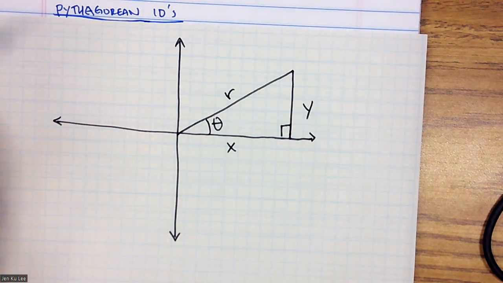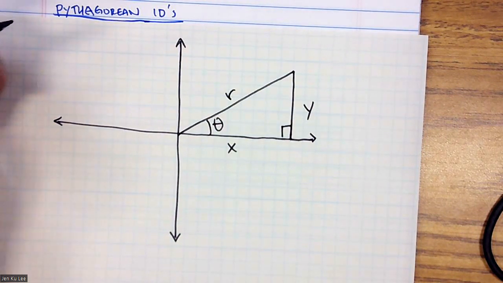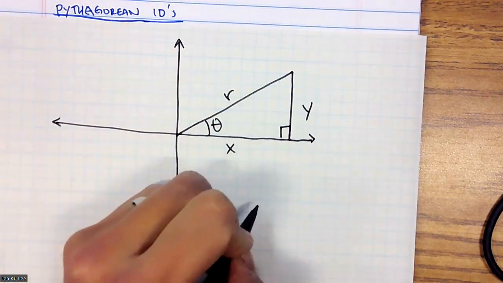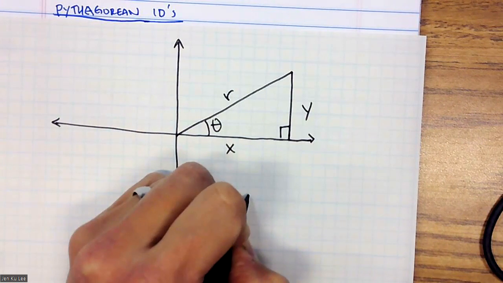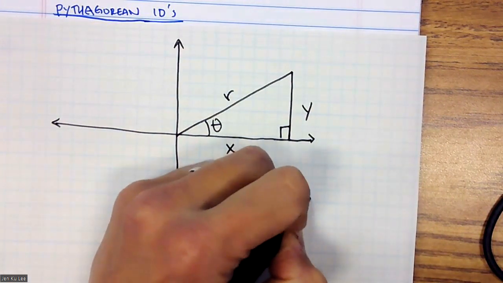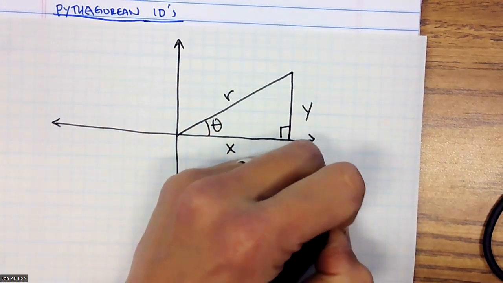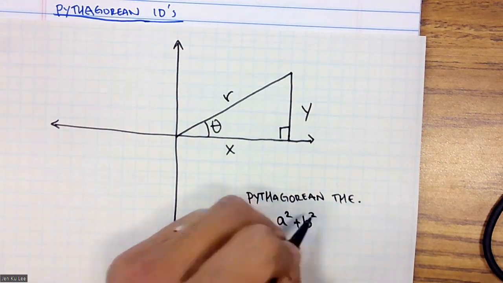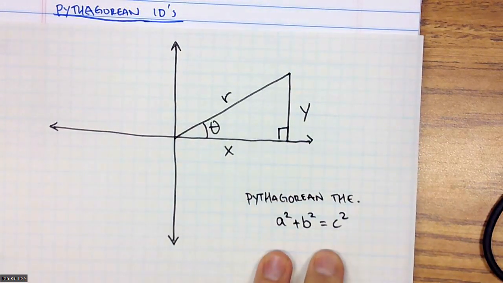So what is the Pythagorean theorem? It's a squared plus b squared equals c squared, right?